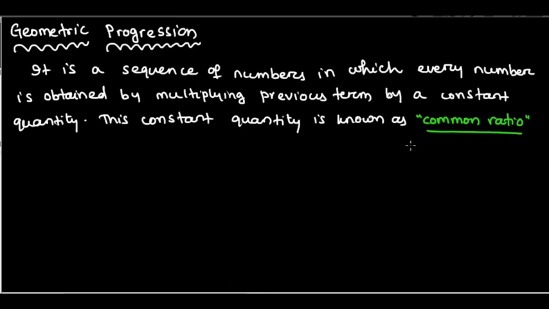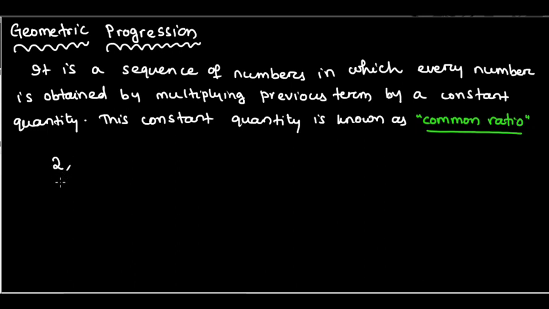For example, suppose I want to write a series of numbers in geometric progression and I have to choose the first number. Let us say the first number is 2 and I'll choose the common ratio to be 4.